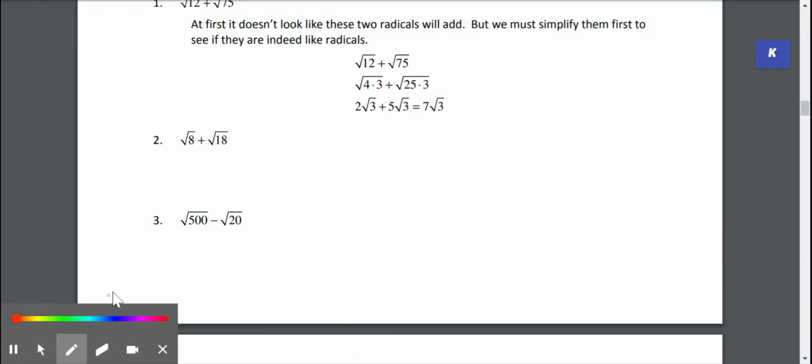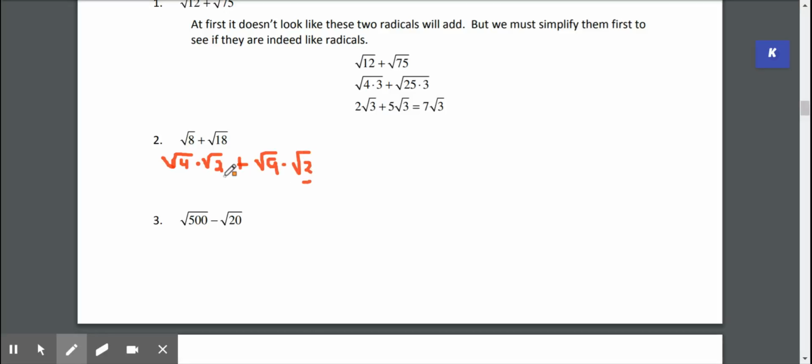So I have right now the square root of 8 and the square root of 18, neither of which are the same, but the square root of 8 contains the square root of 4 and the square root of 2. The square root of 18 contains the square root of 9 times the square root of 2. So here we can see that they're both going to be square root 2.